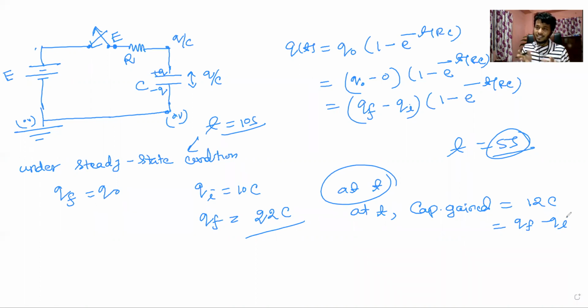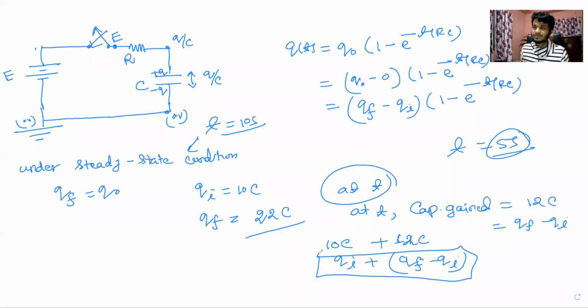The initial charge is 10 coulomb and the gained charge is 12 coulomb. In general terms we write this as Qi plus QF minus Qi. So at time t, the total charge on the capacitor is this.